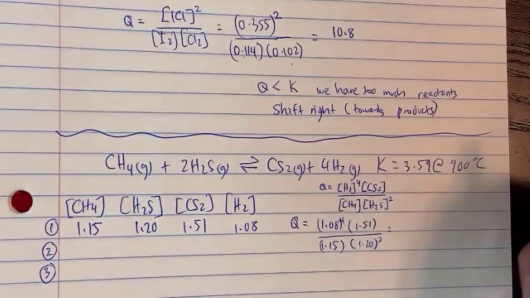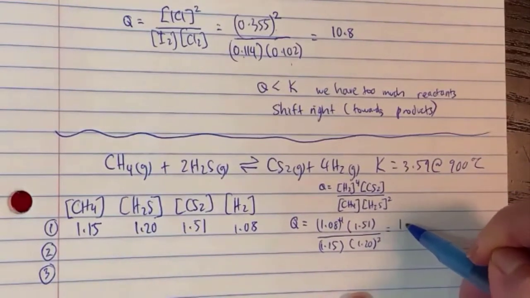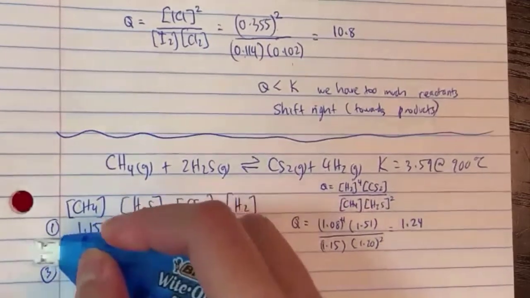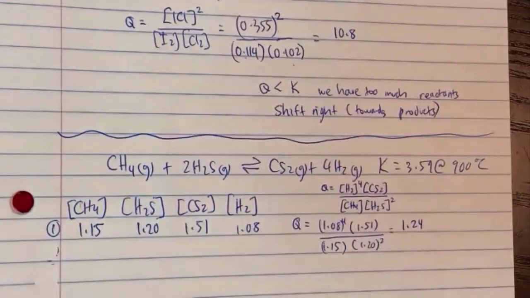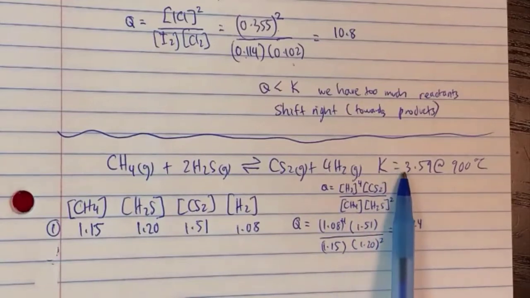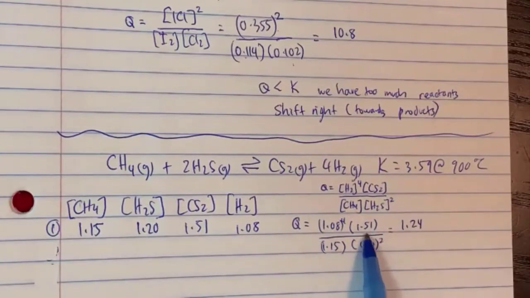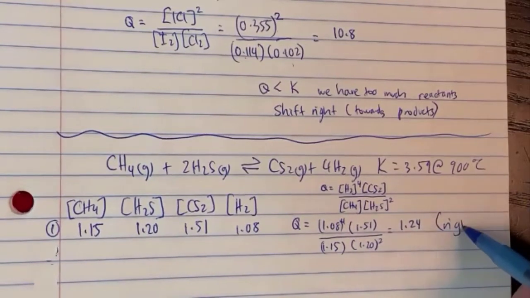Then you get a number here. So in this case here, my number is 1.24. We'll leave some space between the second and third reaction. So if Q is 1.24 and K is 3.59, again, Q is smaller than K, right? So when Q is smaller than K, that means you have too much stuff on the bottom. The reaction will shift to the right.